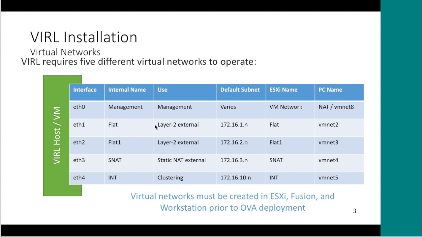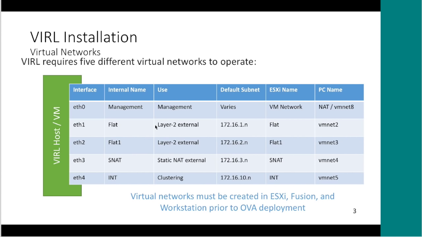So the flat connector is our subnet of 172.16.1.0. Flat 1 is going to be a subnet of 172.16.2.0, and those are our default.